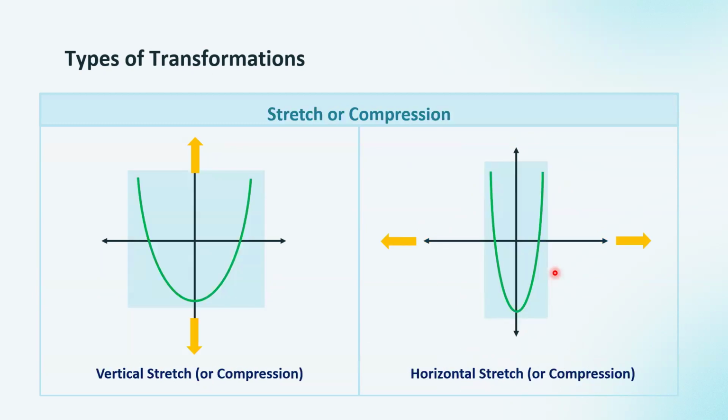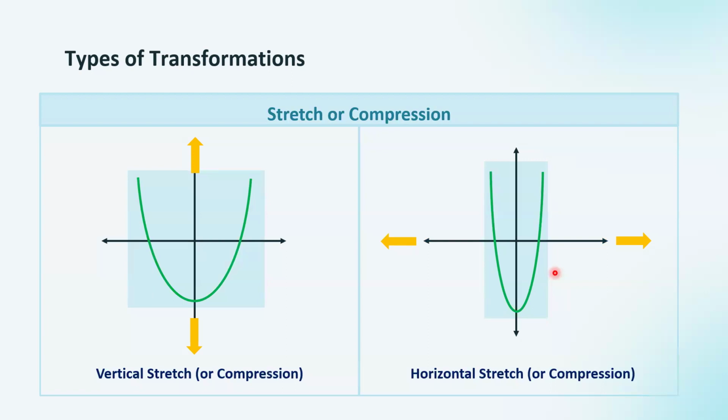Now, this type of transformation is actually one of the more complicated out of the three, I believe. So there are two types of stretch or compression. But before we discuss each type, you can just imagine that you printed this function or this graph on an elastic paper or an elastic rubber band, and then you try to stretch it either vertically or horizontally.